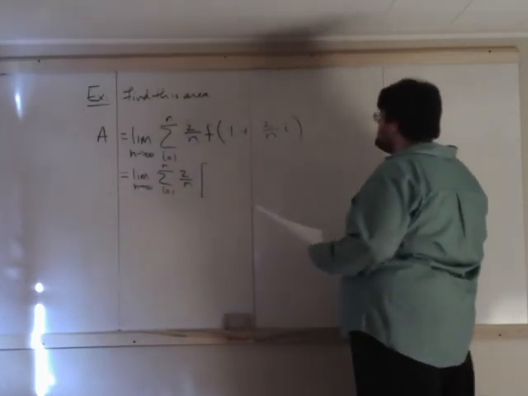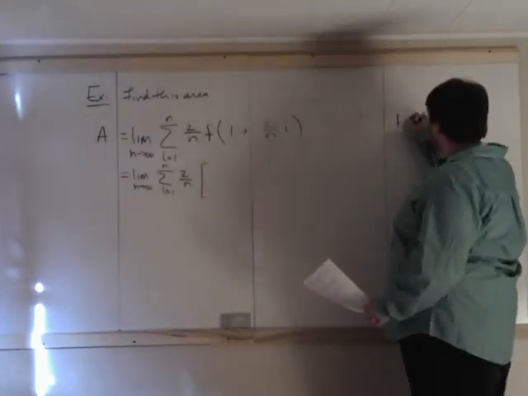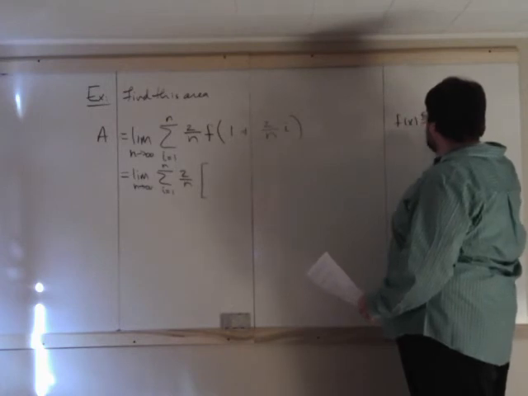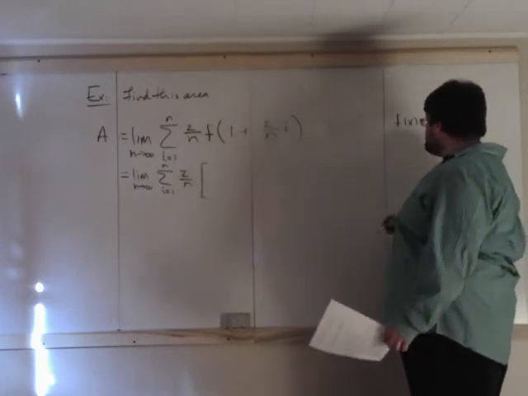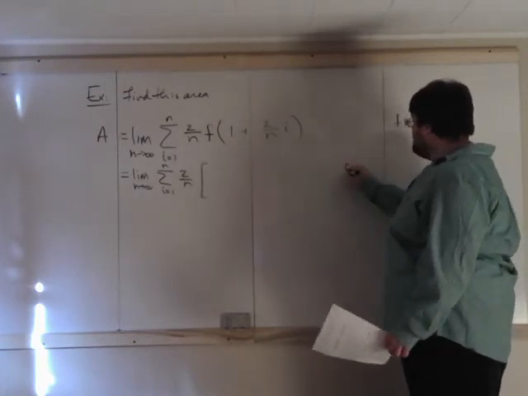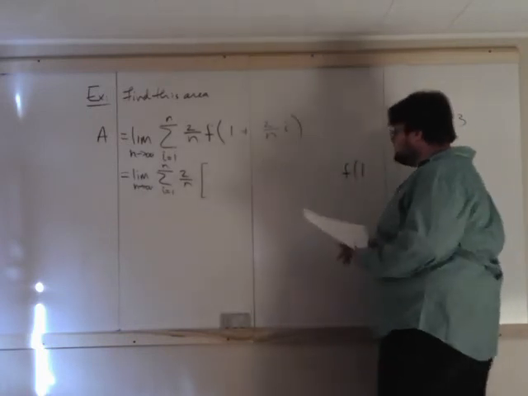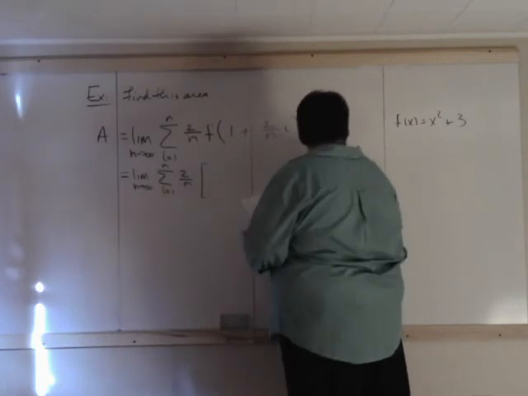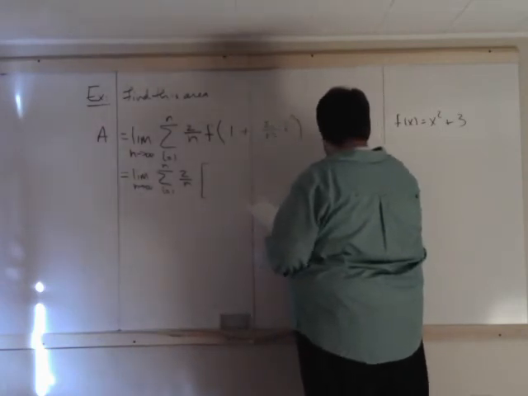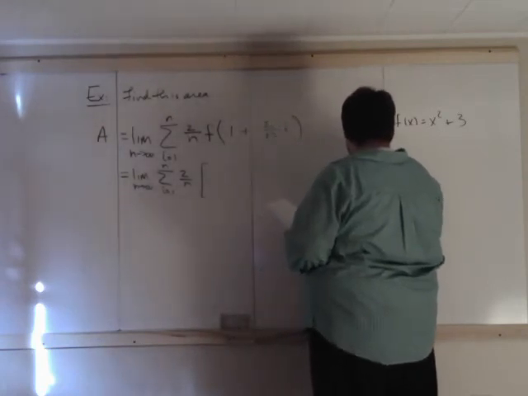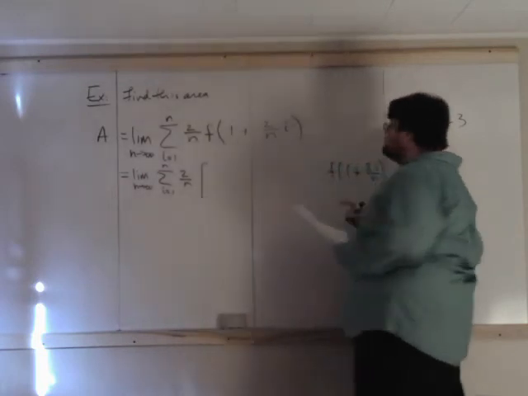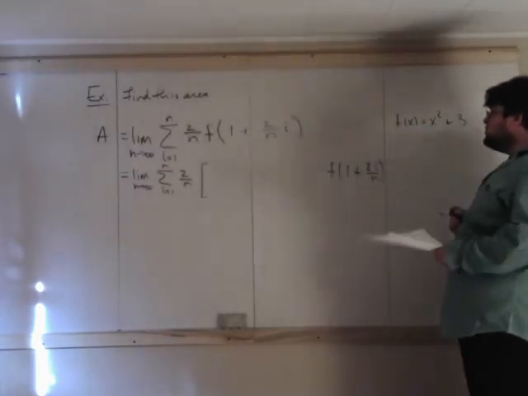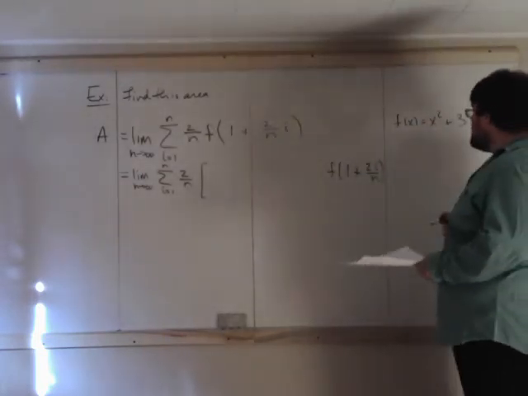Let's go over here. f of x is x squared plus 3. So f of 1 plus 2 over n times i, I'm going to write as just 2i over n, with the i in the numerator for now.